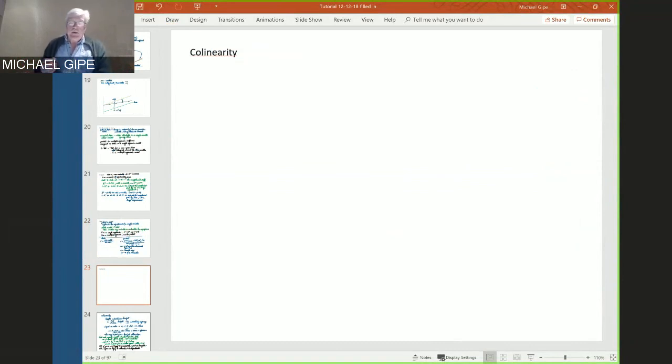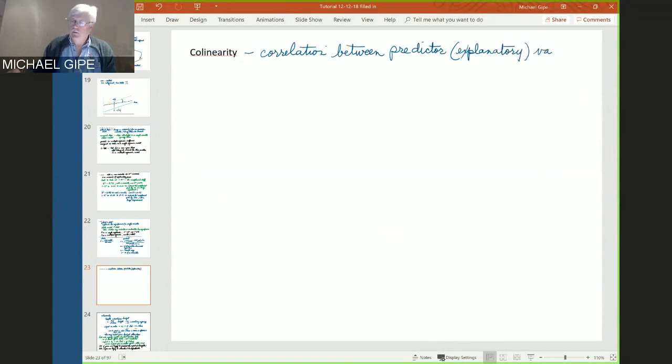Next thing we have to worry about is collinearity. Remember, collinearity is caused by correlation between predictor or explanatory variables. Essentially, it's when you've got two variables that kind of move together. It's almost like saying you don't have as much information.